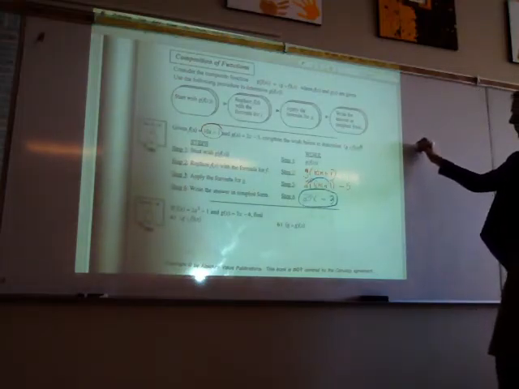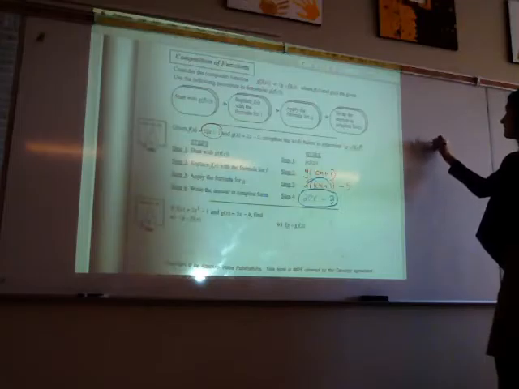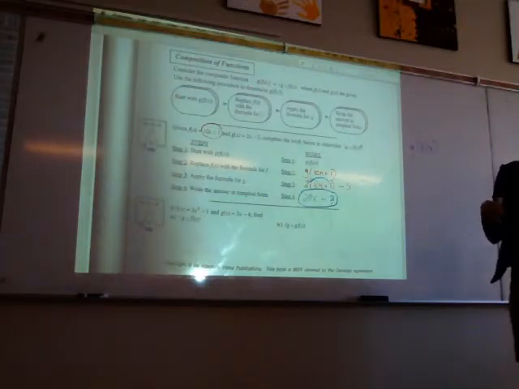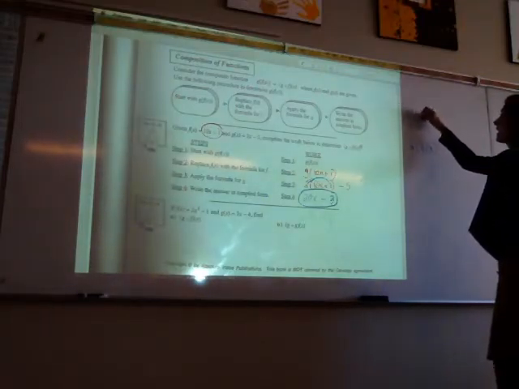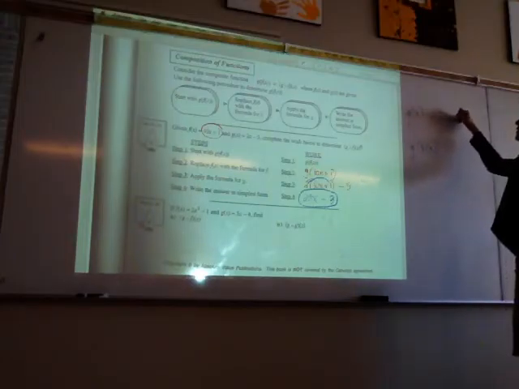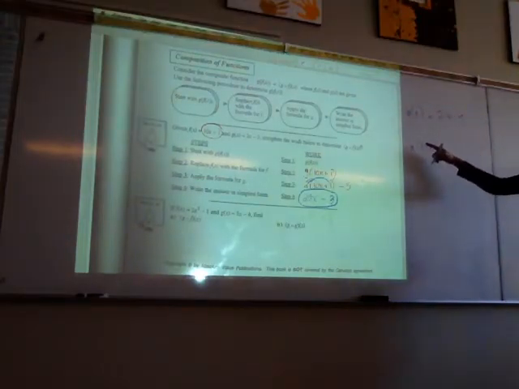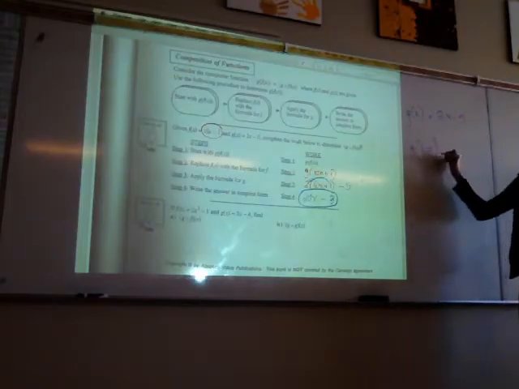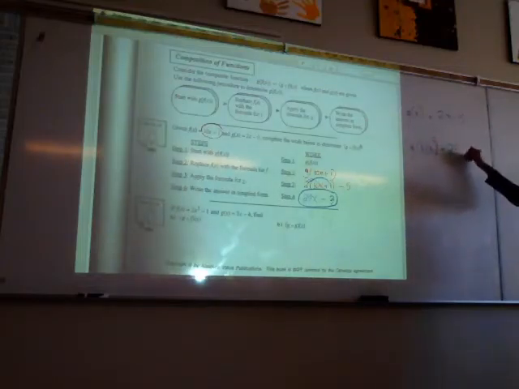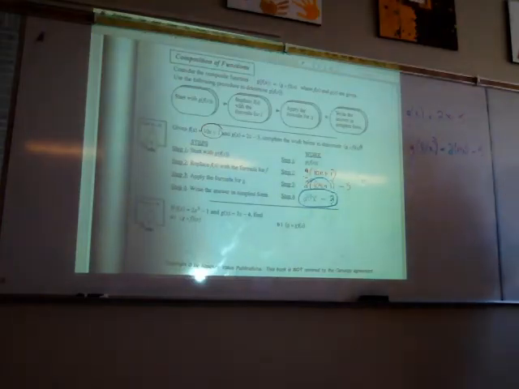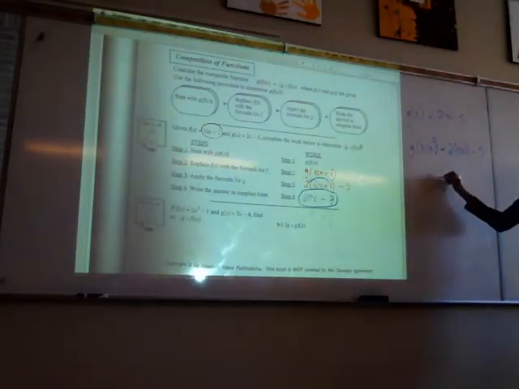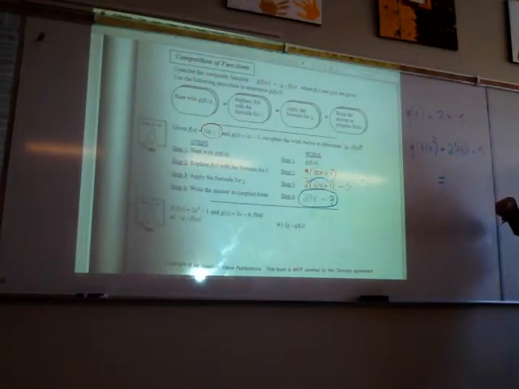So we have g of f of x. Okay, g of x started out with 2x minus 5. But if we have g of f of x, what are all the x's replaced with? F of x. So 2 now times f of x minus 5. But what was f of x? 10x plus 1.